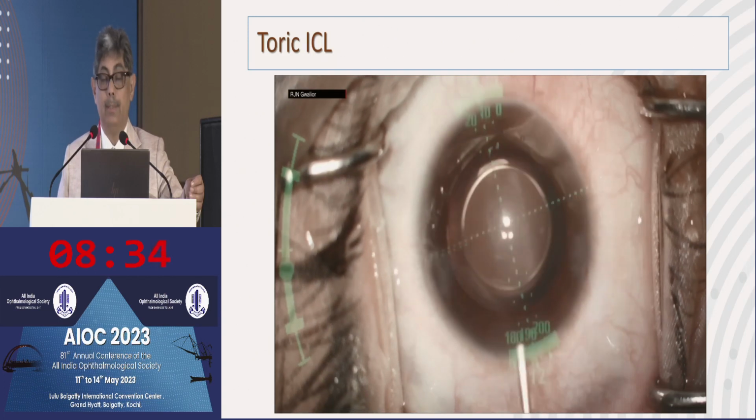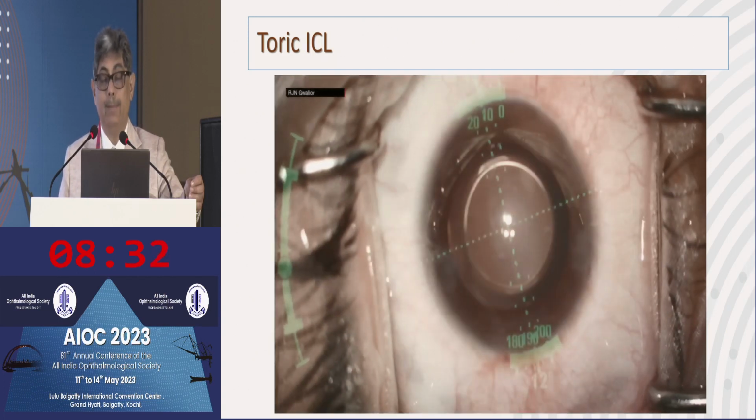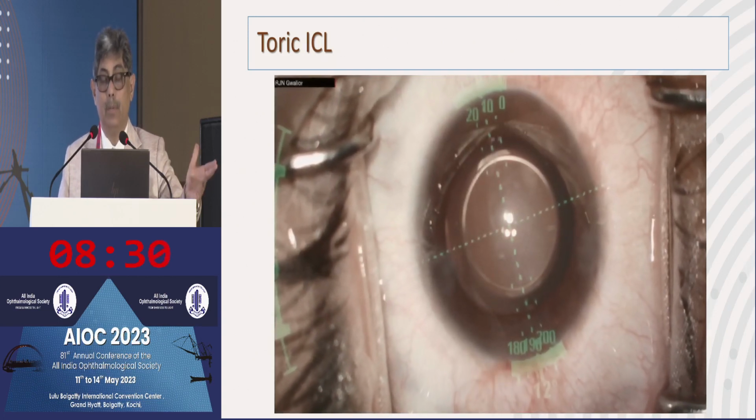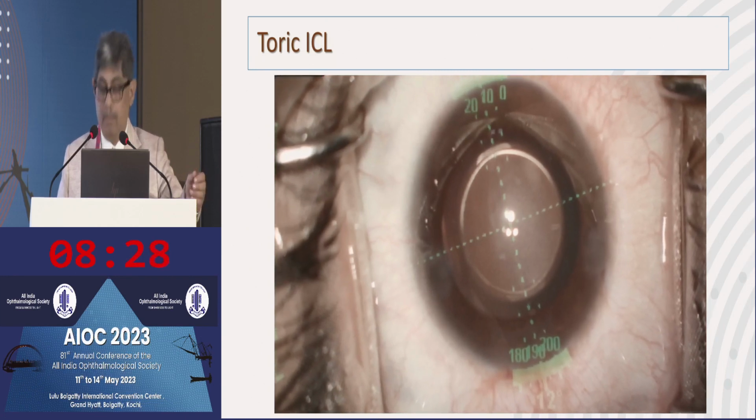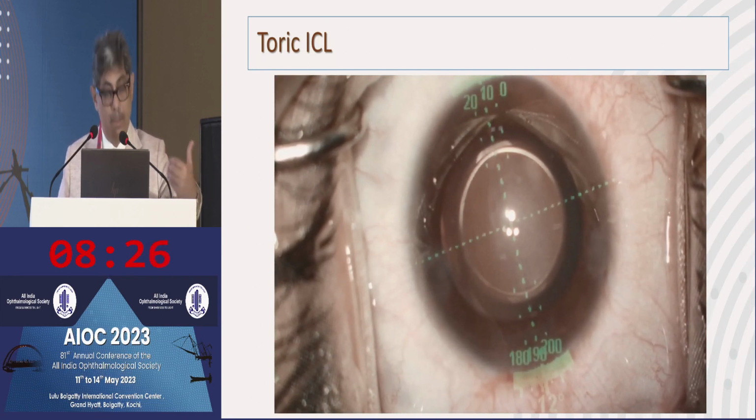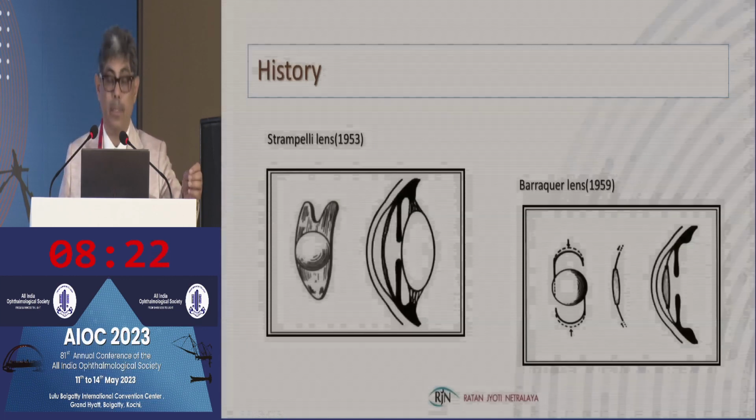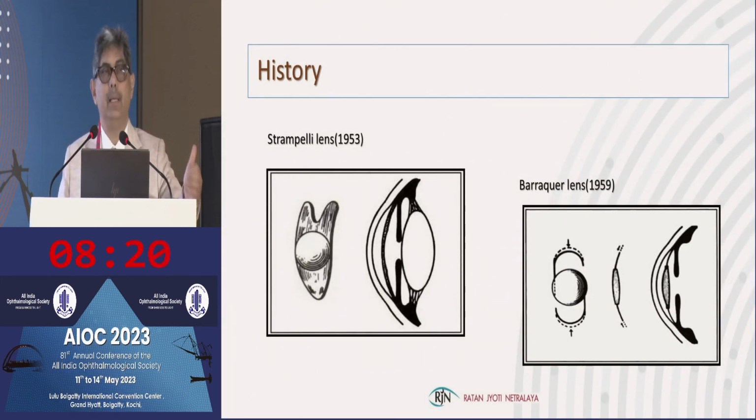And this is a toric lens, and the axis of the toric lens is aligned with the marks which we are making, or in this particular case we have used Varion, and the rotational stability is very high in all these cases.